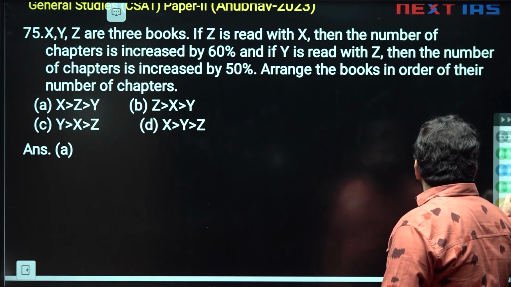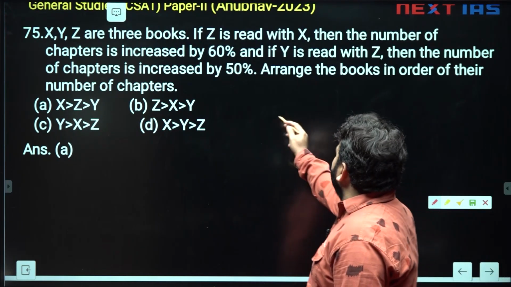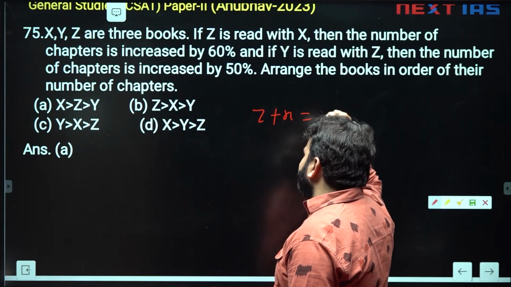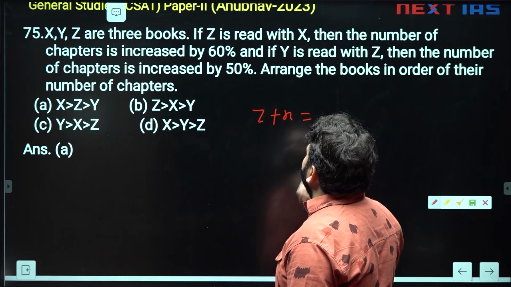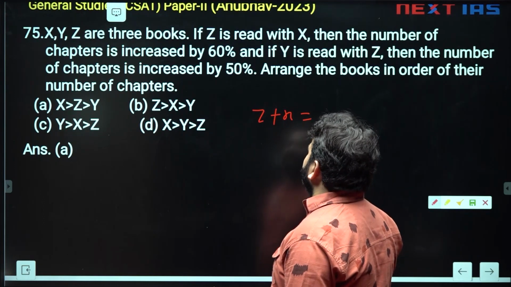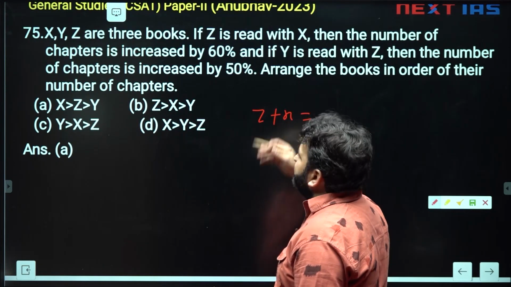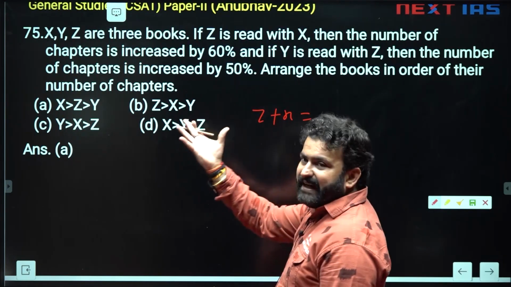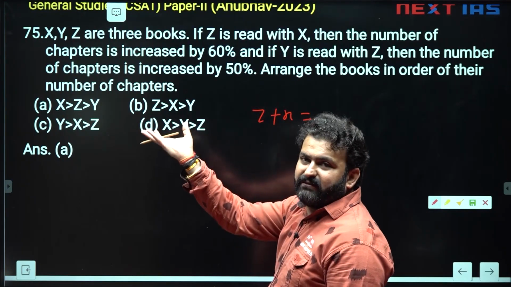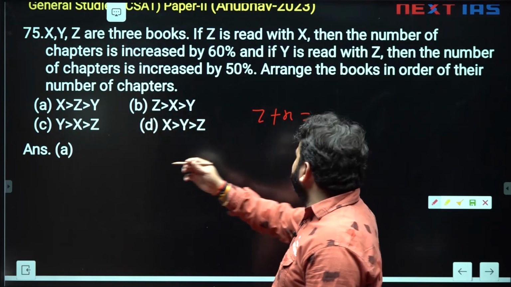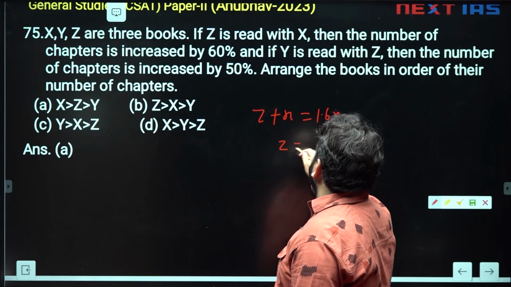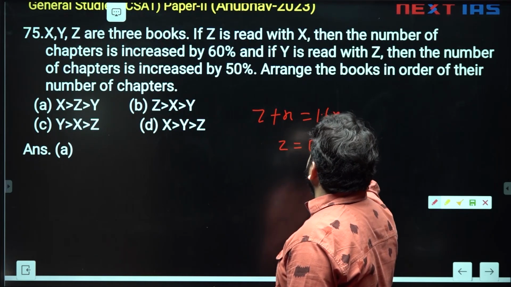Now here in this case, z is read with x, z plus x, number of chapters is increased by 60%, that is, whatever x was earlier, 100%, now it increased by 60%, so it becomes 1.6x. So z will be equal to what? 0.6x.